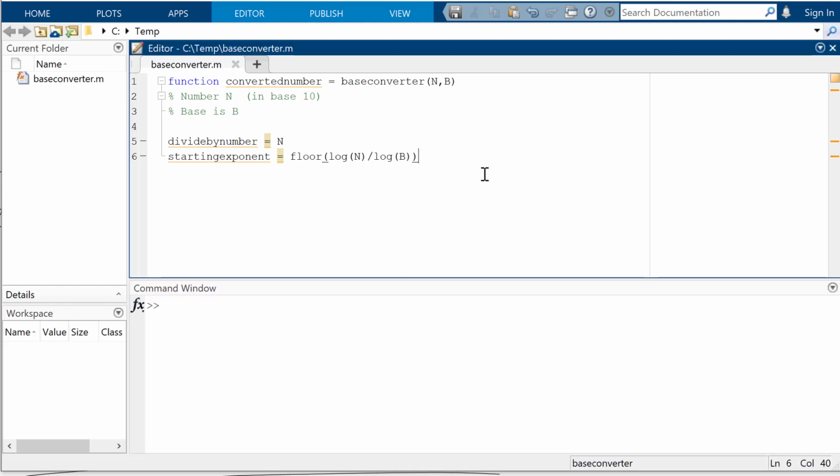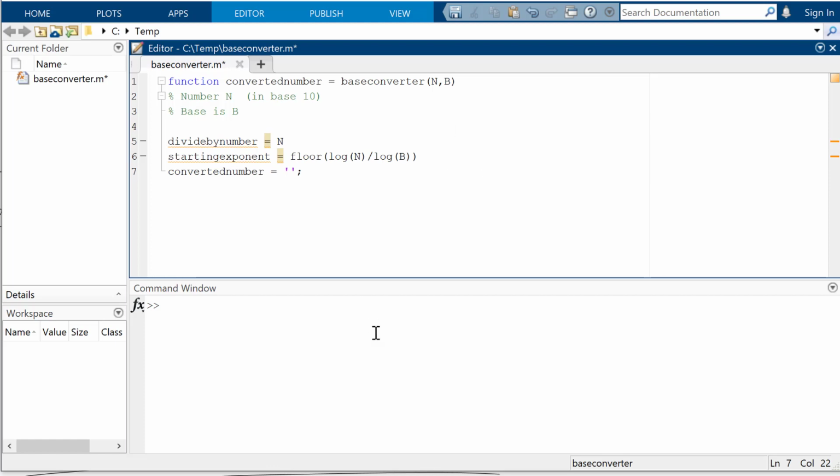And let's see. So I'm going to start my converted number. I'm going to save my converted number as a string, just because I want to. There's a couple of other ways to do it, but I'm just going to start it as a string. I can get away with that, because it doesn't really have any meaning.